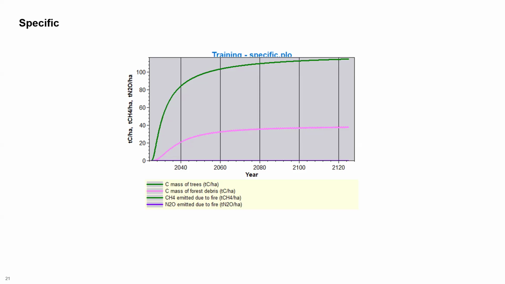So if you use a truck to water your plantation, you have to record the fuel used by that truck. And then in the abatement calculation, you have to subtract the emissions created by that fuel to come to your net abatement.